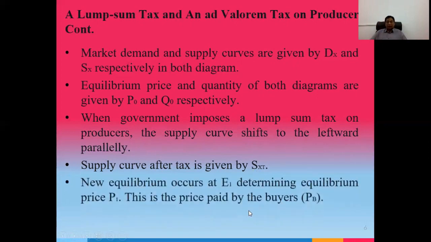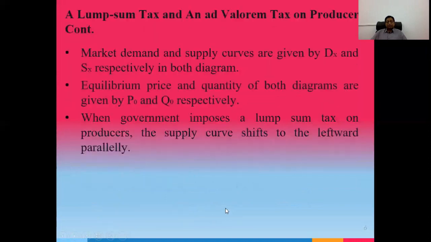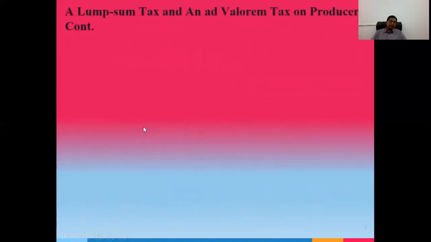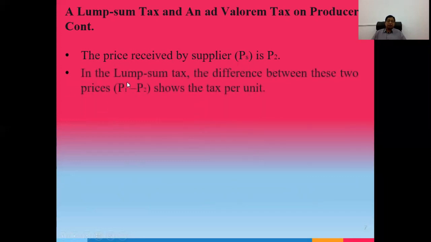The new equilibrium occurs at point E1, determining equilibrium price P1. This is the price paid by buyers. Then, with the lump sum tax, the price received by producers or suppliers, the supplier's price, what suppliers get from the market, is P2.